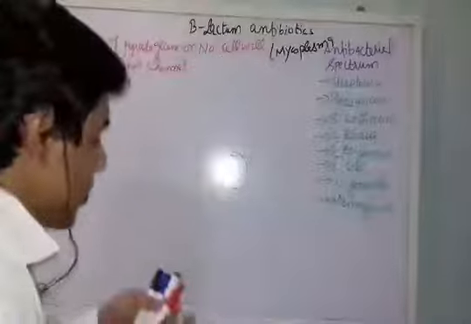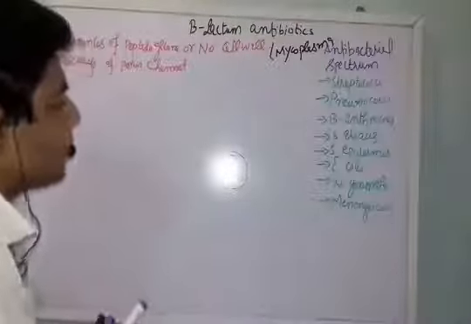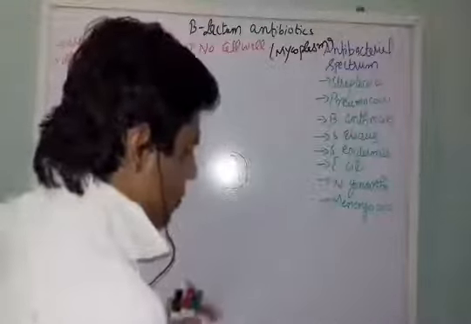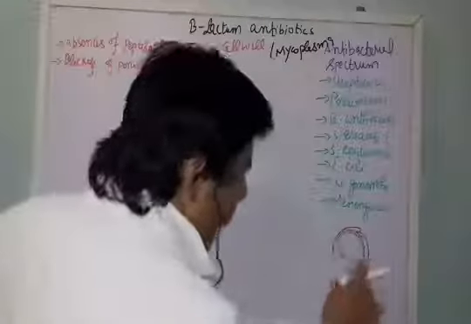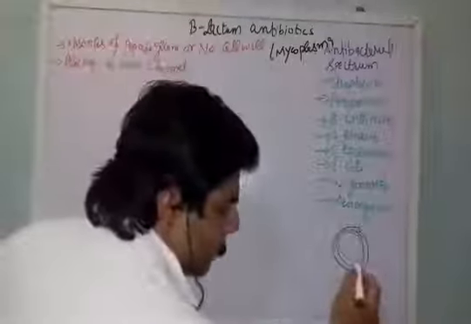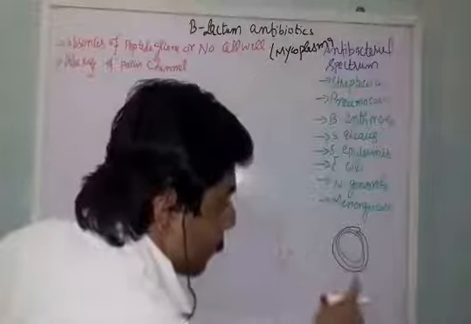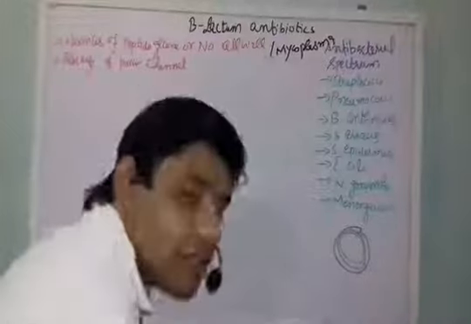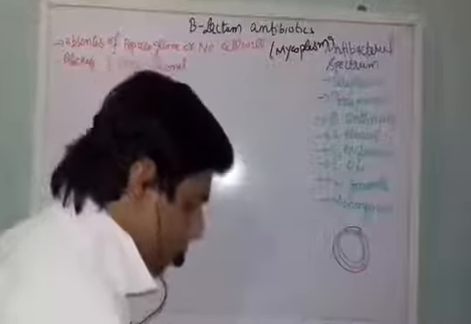If we see the structure of the gram-negative bacteria, let's suppose this green one represents the inner membrane, this red one is the peptidoglycan layer, and this blue one is the outer membrane.